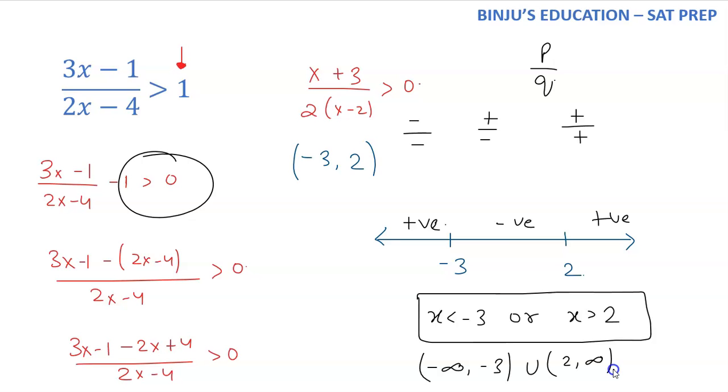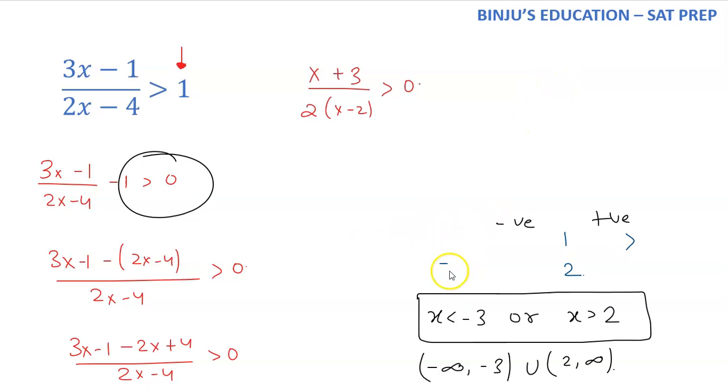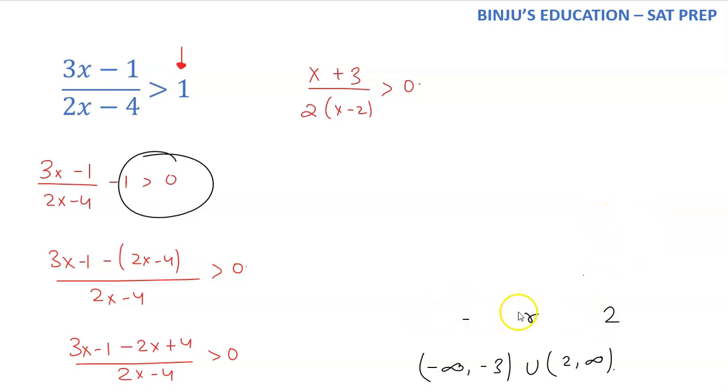Alright, now you can solve this question using the a by b form also. Let me remove this. So this is a by b greater than 0. First thing you're going to do is, I have a 2 here, so let me multiply both sides by 2.